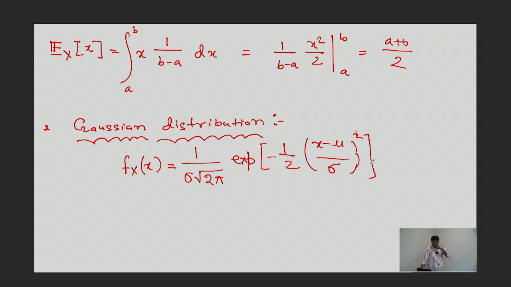Okay, this is the Gaussian distribution with parameters mu and sigma, where mu stands for mean, sigma stands for standard deviation, or sigma squared stands for variance, if you want to.